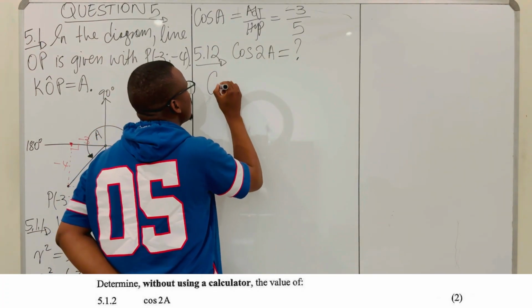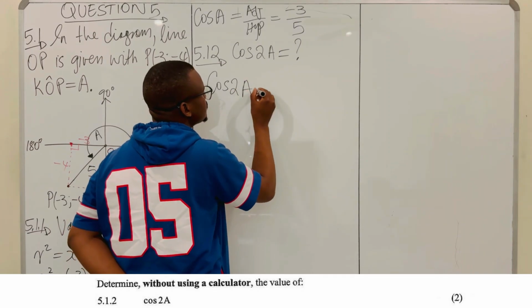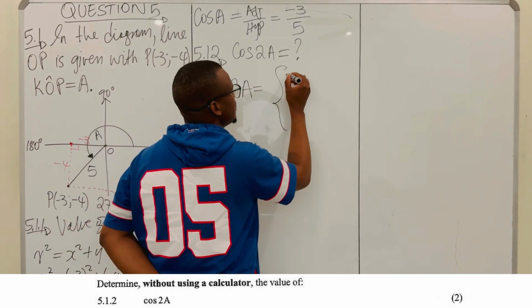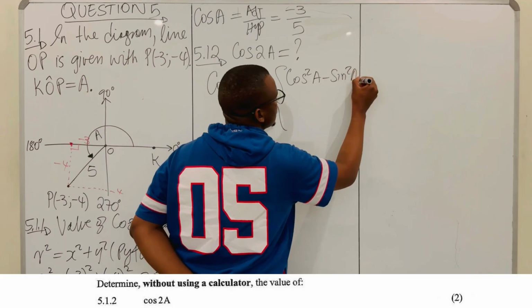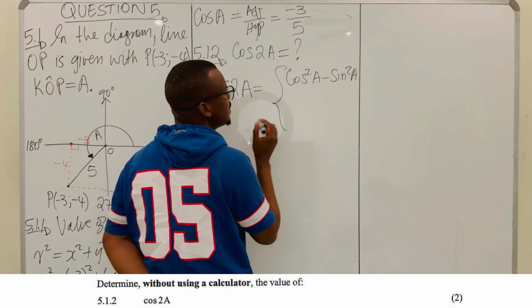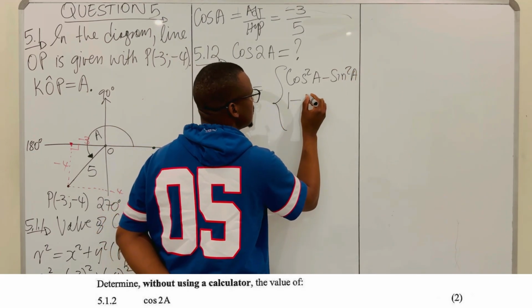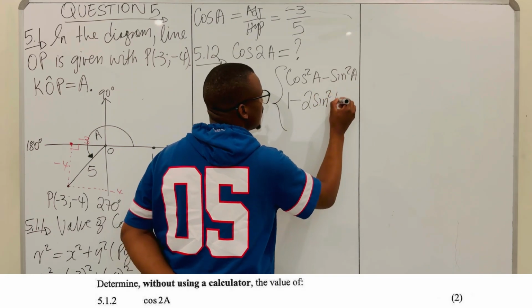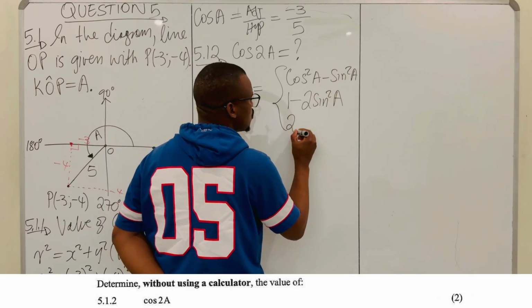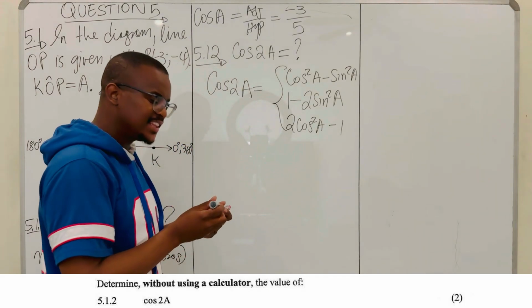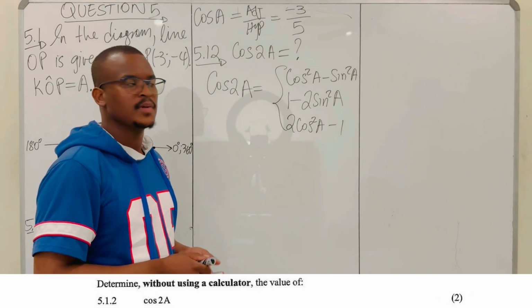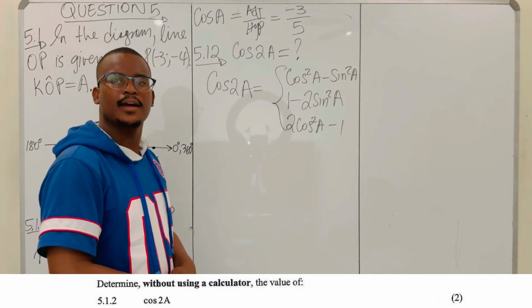So if you have cos 2A, there are 3 options. It is equal to cos squared A minus sine squared A, or this is equal to 1 minus 2 sine squared A, or this is 2 cos squared A minus 1. Any of these 3 will do the work.